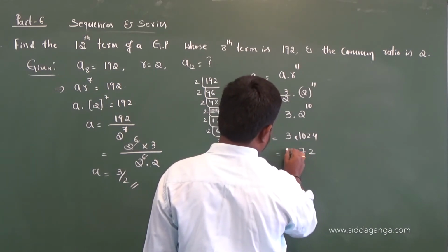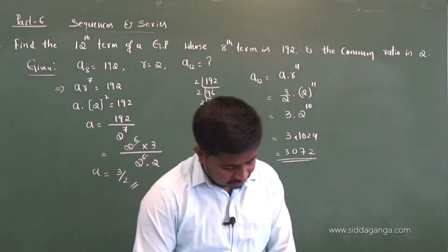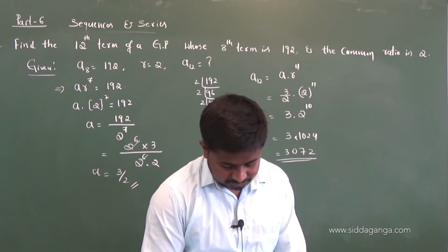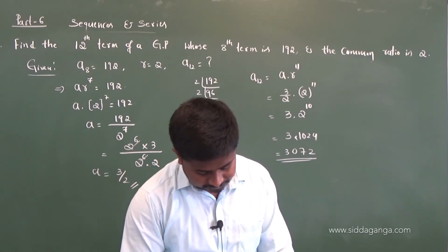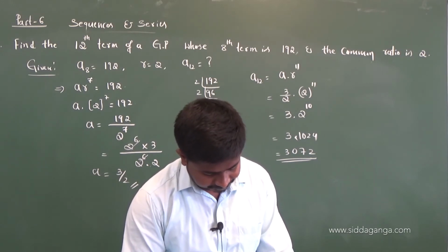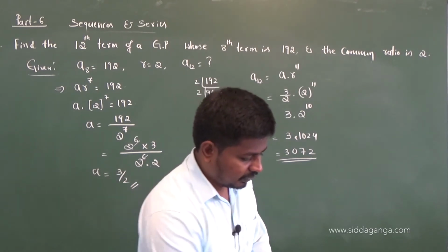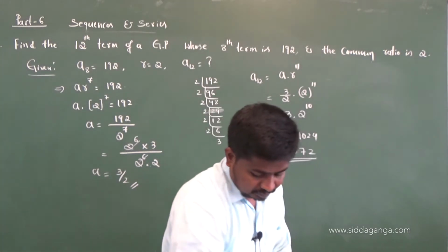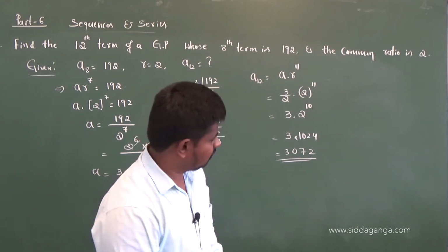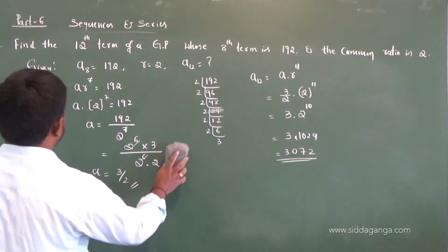So 3 into 1024 is 3072. So 3072 is your 12th term. Okay, this is how we find the 12th term using the 8th term.